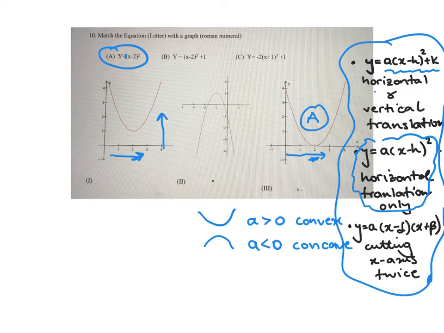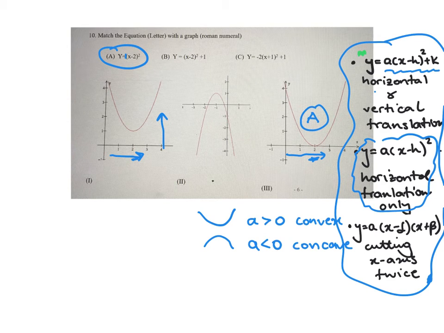So the form of interest is the first one there. I'm just going to check and compare. What should A be? A should be positive as the graph is convex. So A is positive, beautiful.